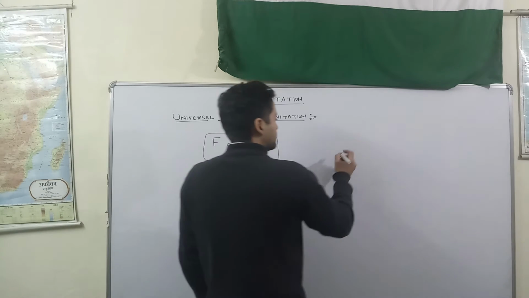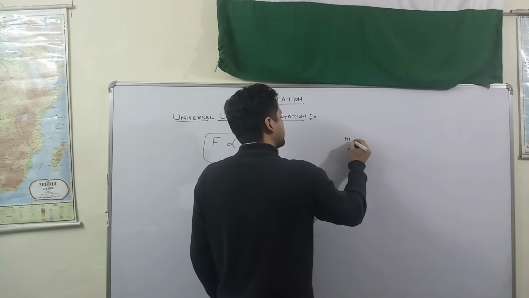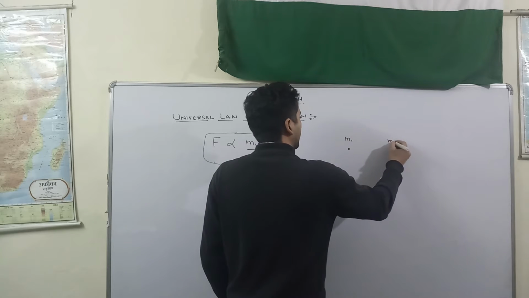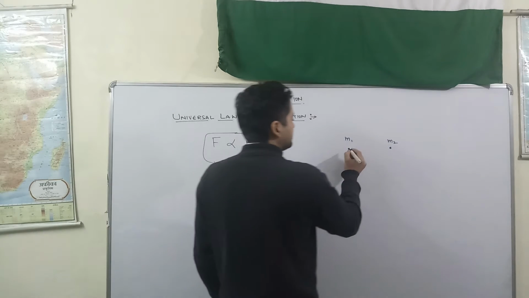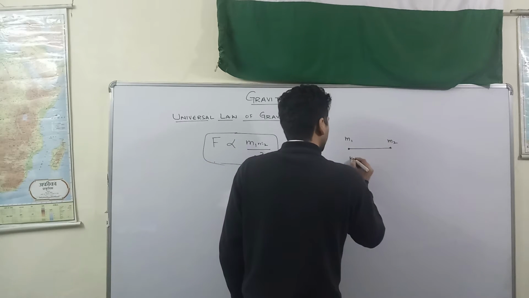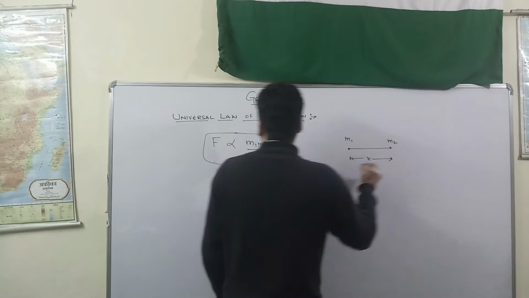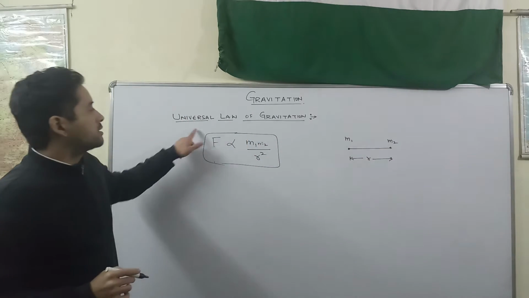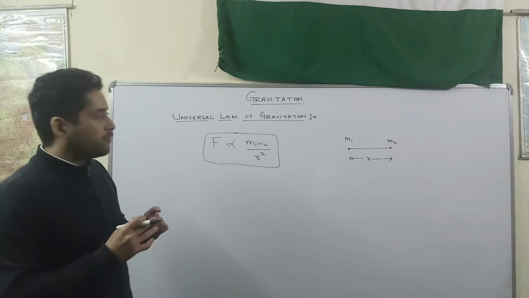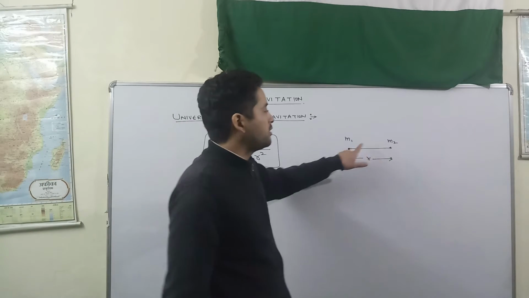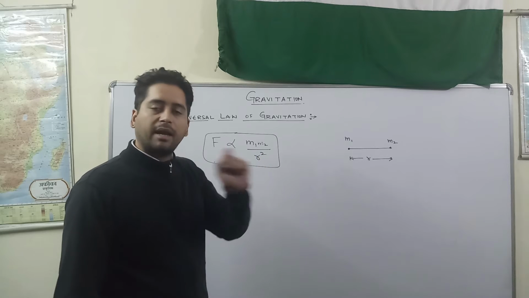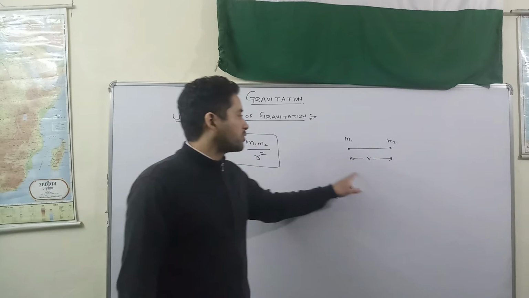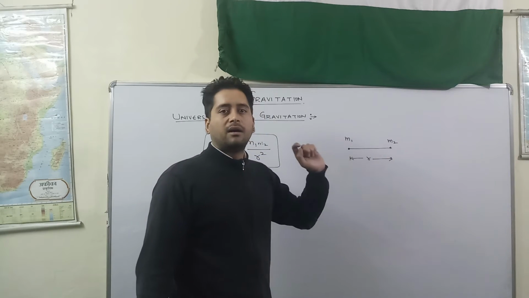Suppose we have two masses m1 and m2, and the distance between them is r. Then according to this law, the force of attraction between these two particles will be directly proportional to m1 and m2 and inversely proportional to the square of the distance.